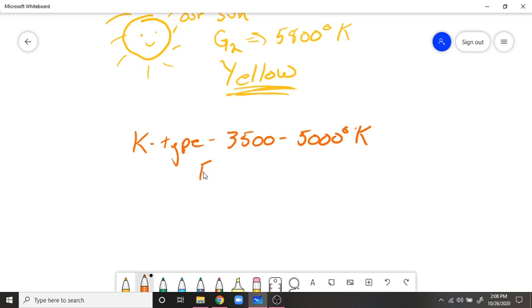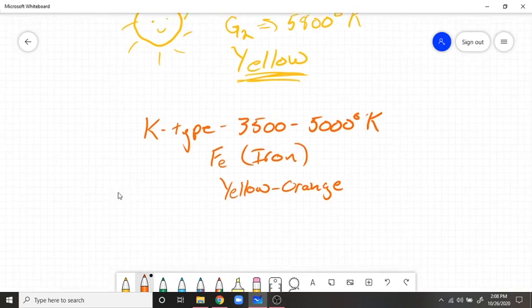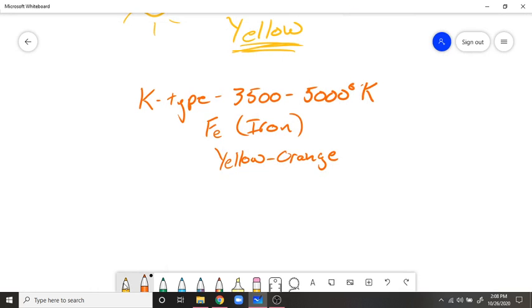K-type stars are that much cooler. There is iron present in these stars, and they are burning a yellow-orange.